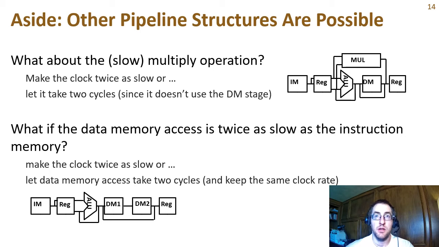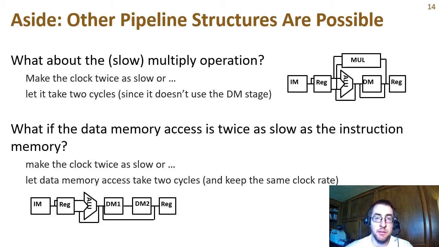So for example, the multiply operation might go in parallel and overlap with the regular ALU and data memory accesses, so that a multiply instruction takes 2 cycles, or rather consumes those 2 cycles that would normally be used by the ALU and the data memory, under the assumption that it doesn't use any of the components in those 2 paths.